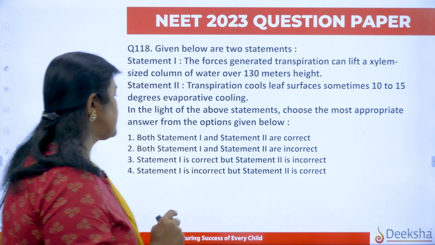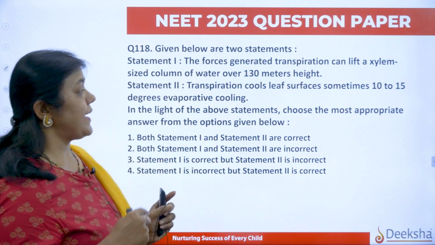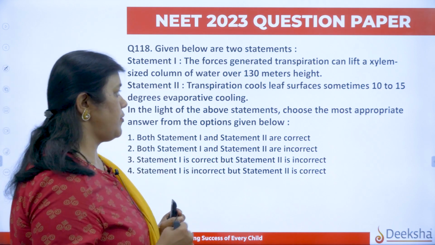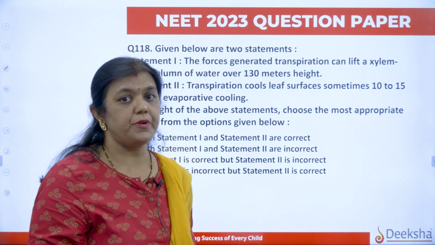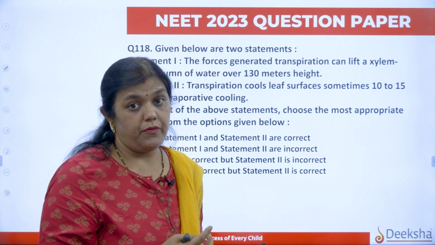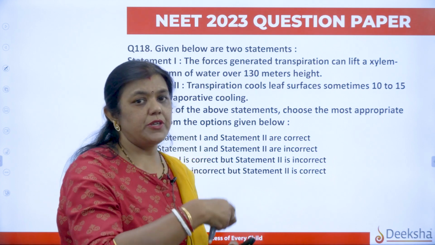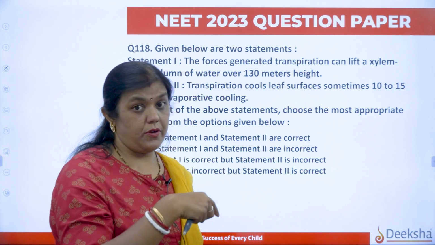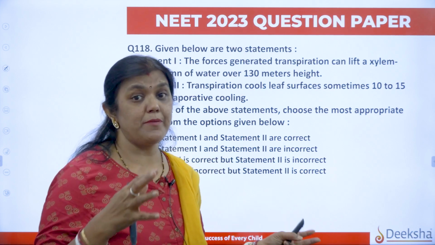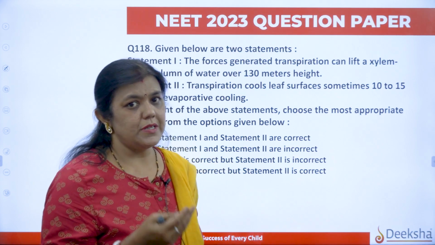So here what is the question given? The forces generated by transpiration can lift a xylem-sized column of water over 130 meters of height. Can the force of transpiration go to 130 meters of height or not? Yes, it is possible, by the transpiration pull the xylem tissues can carry water up to 130 meters of height. You know that there are big giant plants, and by the help of transpiration pull itself, the water can go up.